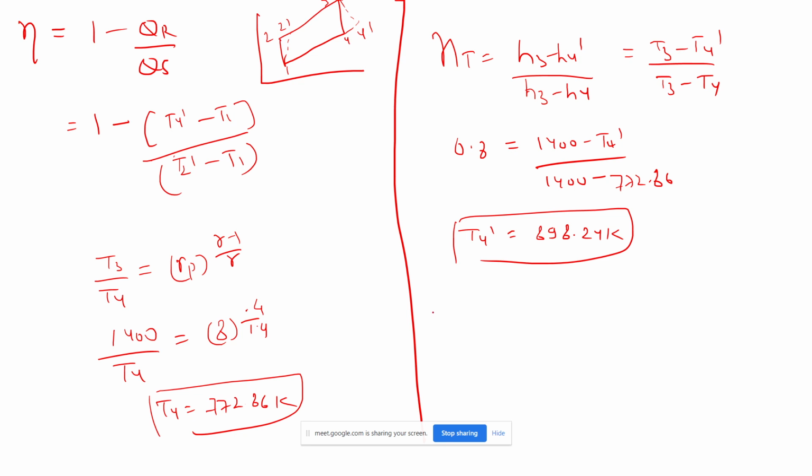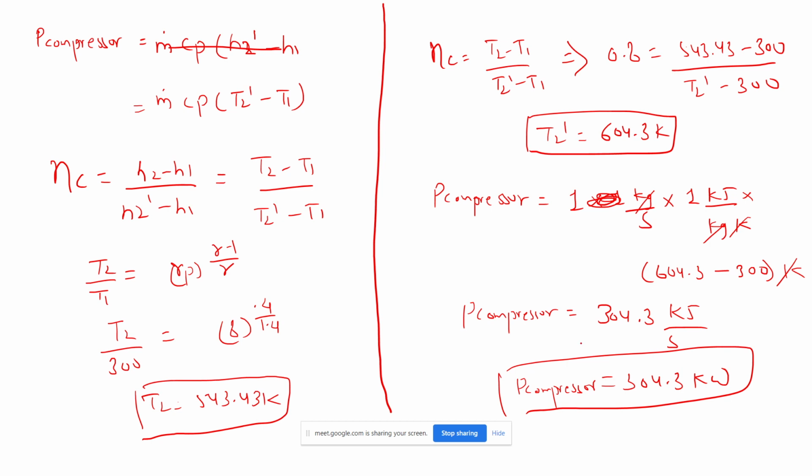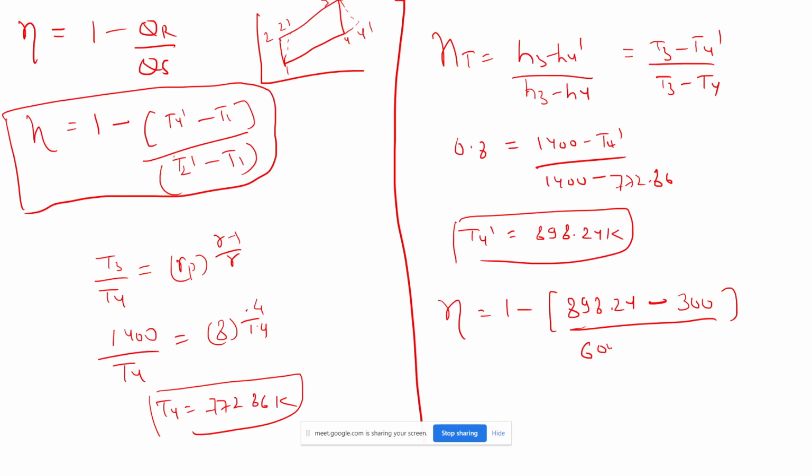Now just put this value in the above equation and you will get the answer. We'll check that. 898.24 minus T1, which is 300, divided by T2 dash, what we have got, 604.3, minus 300.